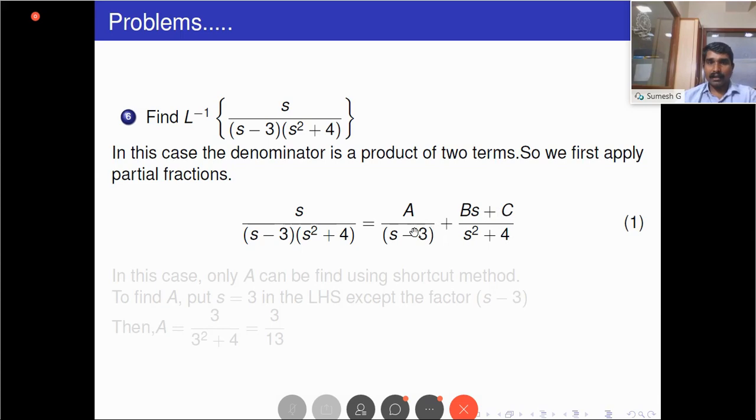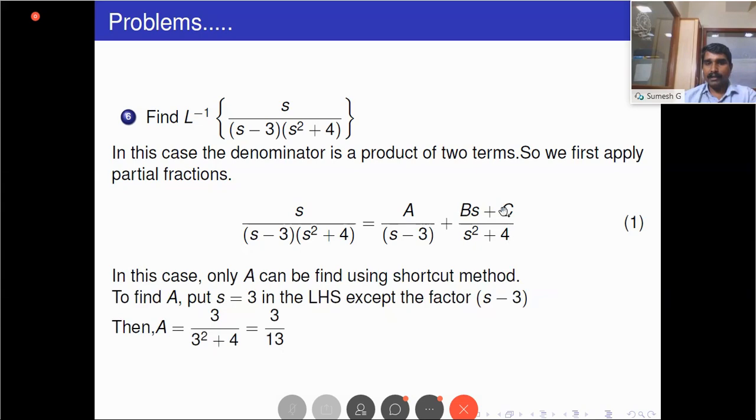And to find A, we have to substitute s equal to 3 in the LHS, except the factor s minus 3. So here we have to substitute s equal to 3 also. The value of A is 3 by 13.